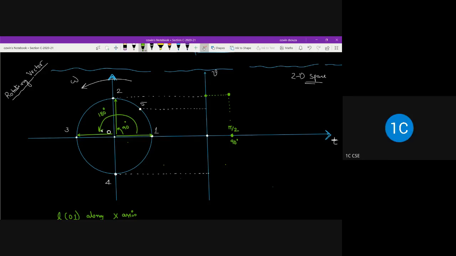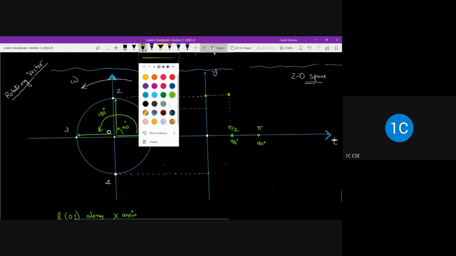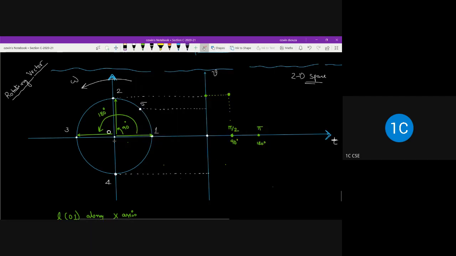At pi radians, exactly, good. So this is pi or 180 degrees, and this is the mapping of the vector. When you further rotate the vector by 90 degrees, the vector is projected along the negative y-axis, and the total rotation is 180 plus 90, that is 270 degrees or 3 pi by 2 radians, right?